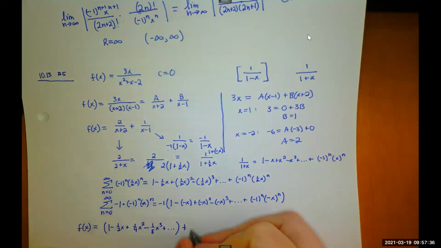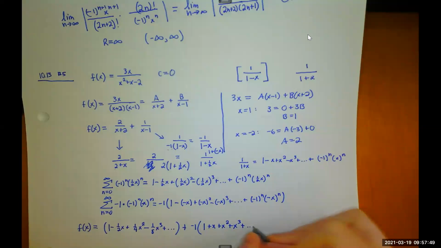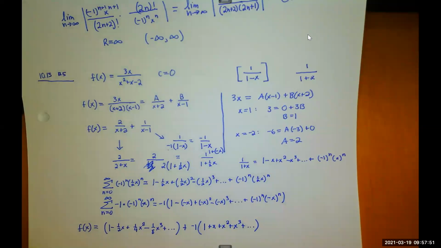And for 1 divided by x minus 1, I have -1 times the quantity of 1 plus x plus x squared plus x cubed, on and on forever. So these are all negatives, right? Yep, those are all negatives.